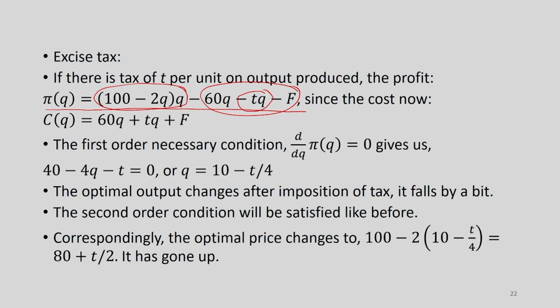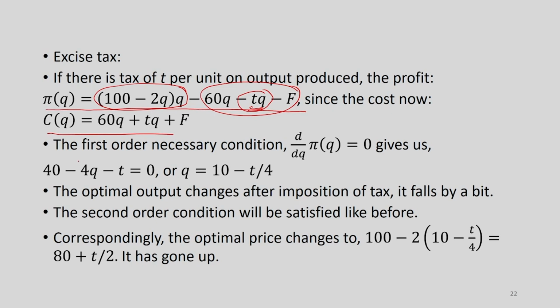T is the rate of tax, and in case of excise tax, the quantity is being taxed, right. How much quantity the producer is producing, based on that the producer has to pay taxes to the government. So, the total amount of tax it has to pay, which is TQ, is a product of the tax rate multiplied by the quantity it has decided to produce. Okay, so, this is the cost function, new cost function.